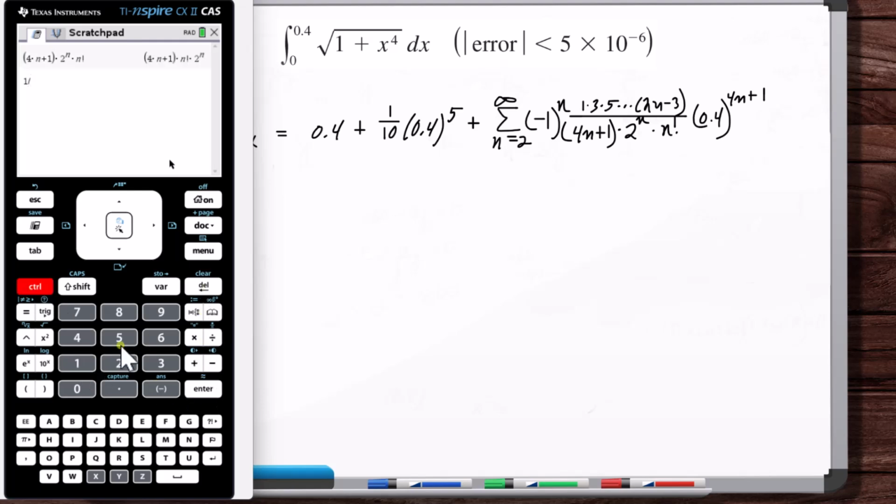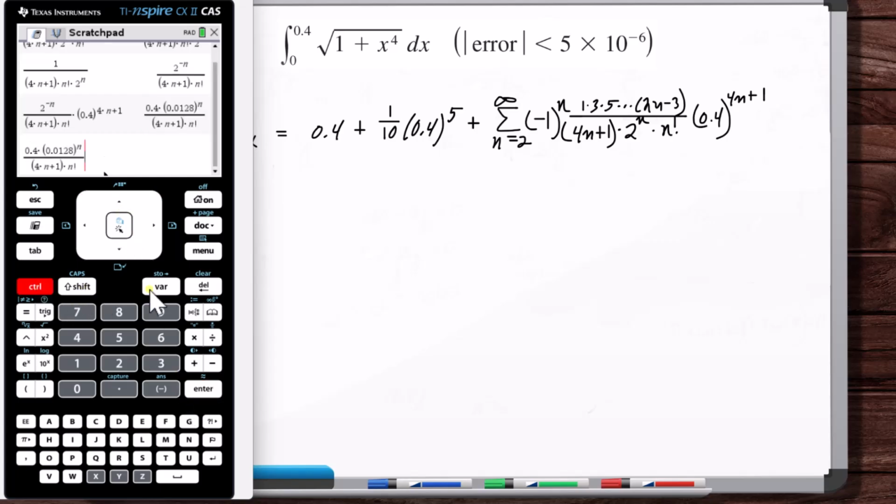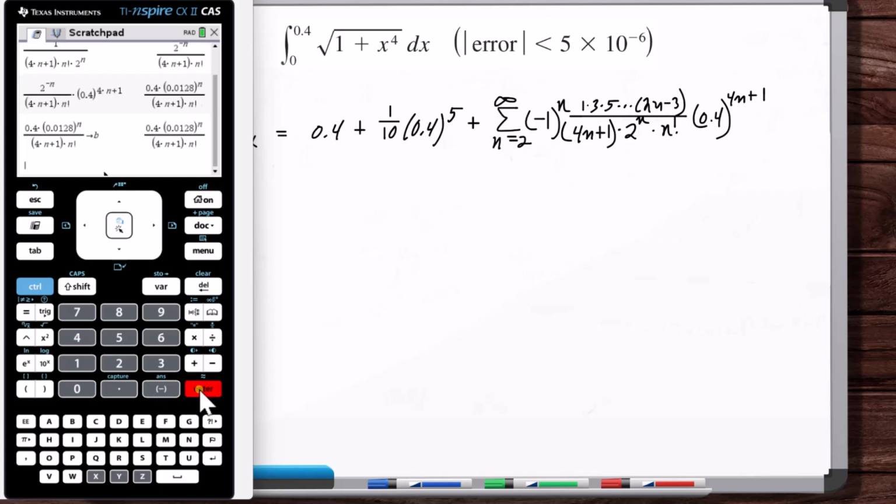okay, 1 over that, okay, times 0.4 to the 4 times n plus 1. Okay, let's store that as b.